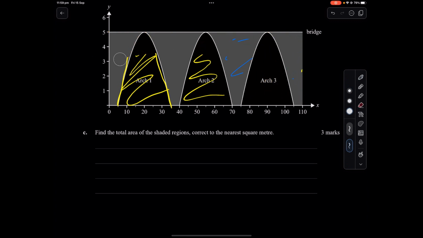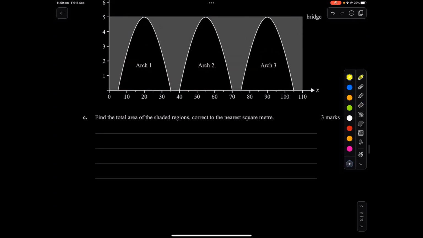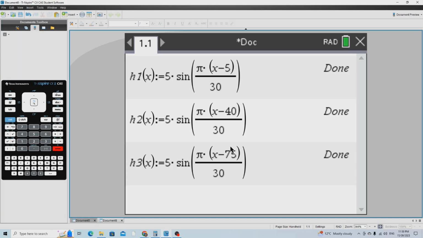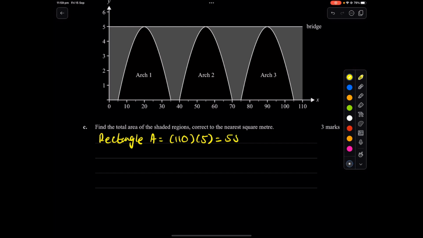So what is the area of the rectangle first? Area of this rectangle is 110 times 5, so that's 550 here.